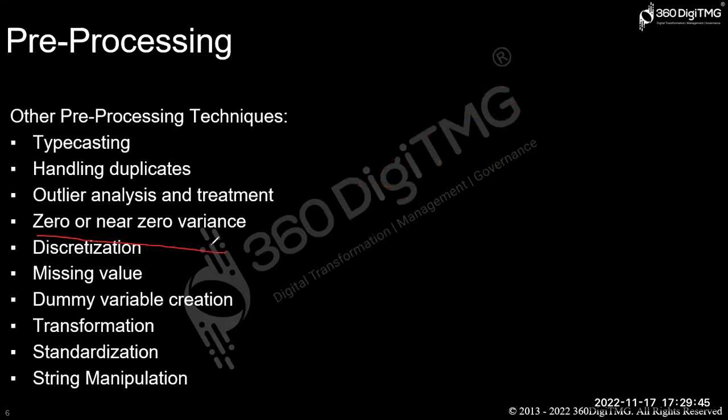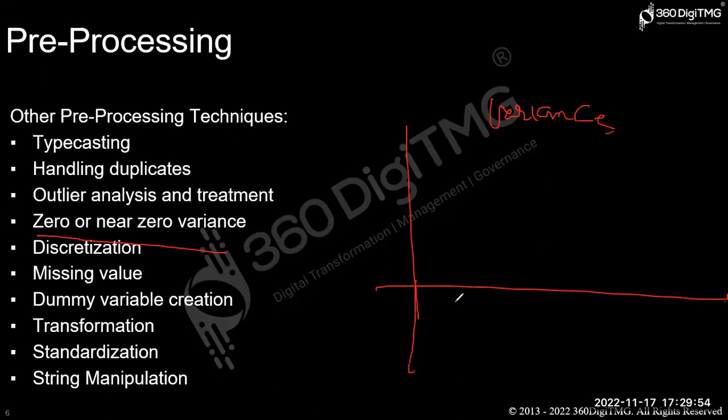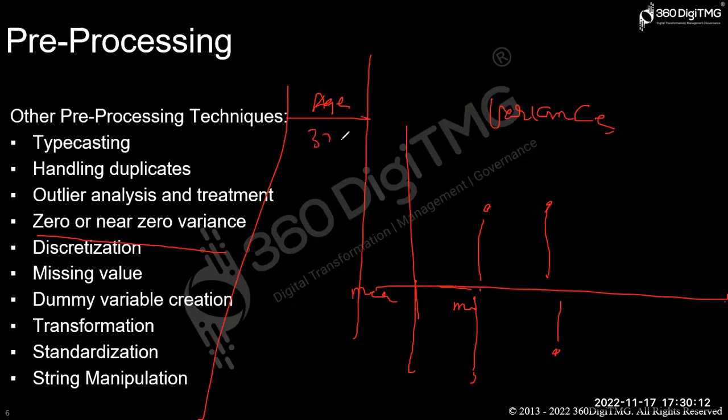So zero and non-zero variance will be happening. Just now we have seen the spread of the data, variance. How far is the data spread from the mean? If there is no spread in the data, let's say in the age column all are 32.